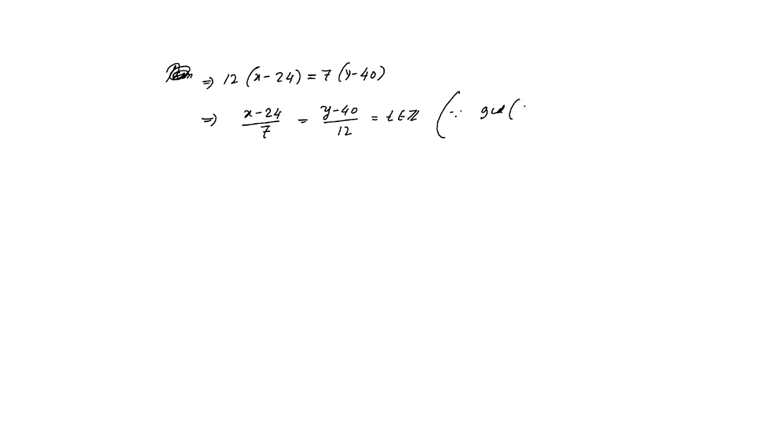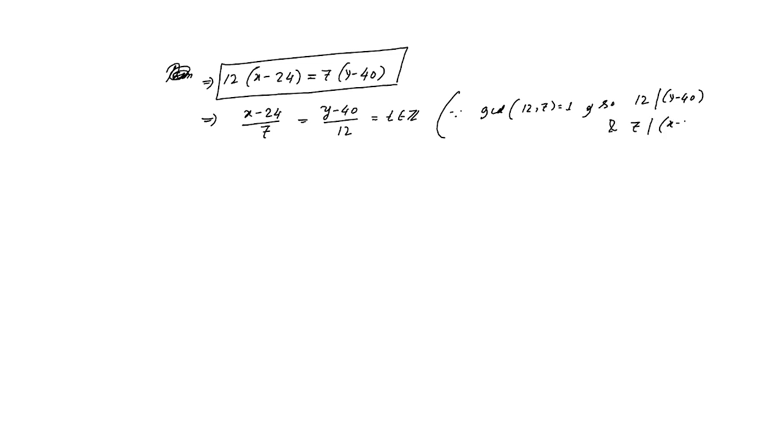Because the GCD of 12 and 7 equals 1. So from this expression we can say 12 divides y minus 40 and 7 divides x minus 24, so that ratio must be an integer. So from that we can write x equals 7t plus 24 and y equals 12t plus 40. What is t? t is an integer, so t may be 0, plus minus 1, plus minus 2, plus minus 3 and so on.